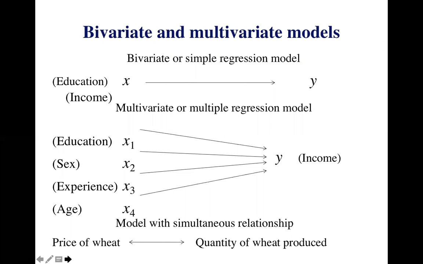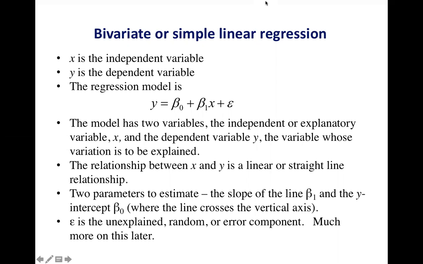So as multiple variables contribute to influence over Y, we call it a multivariate model. Here there is a single variable that influences Y, we call it a simple linear regression model. And now let me tell you the difference between simple linear regression and multiple linear regression, and then we will proceed towards a working model.